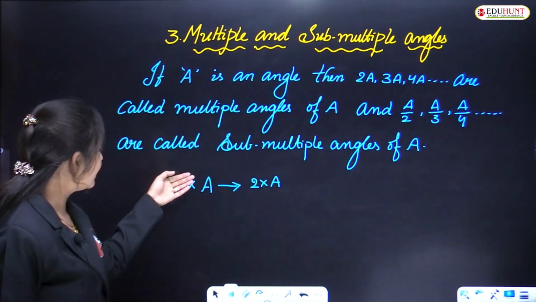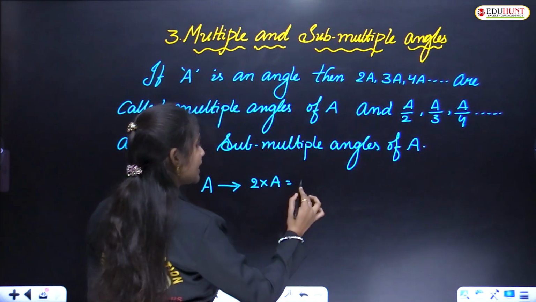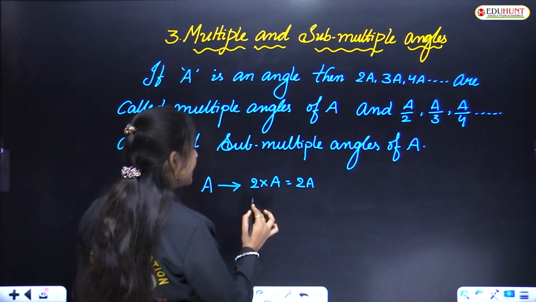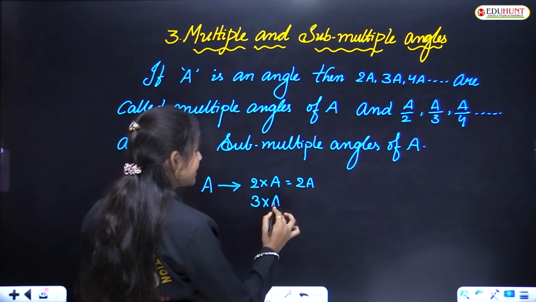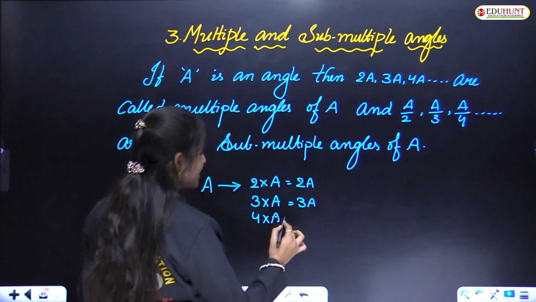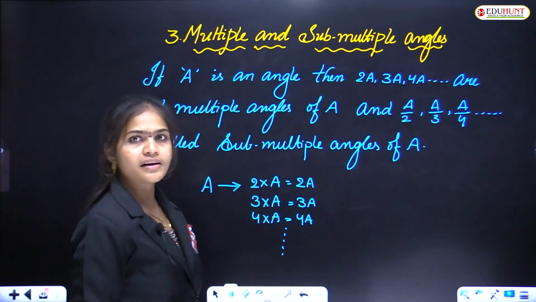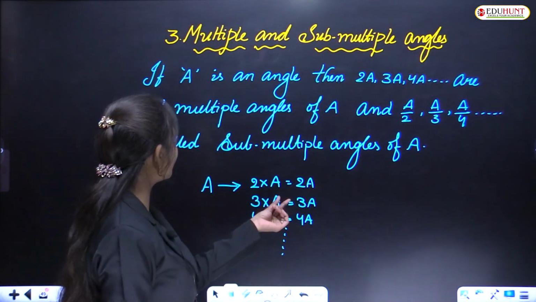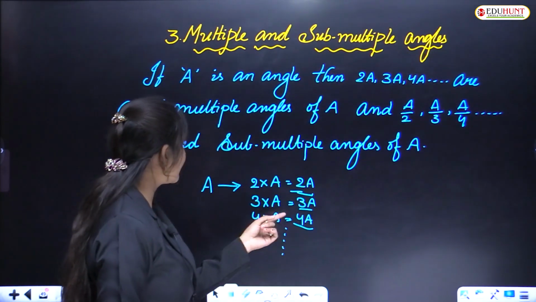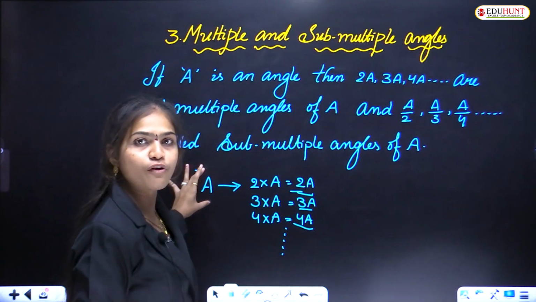So if you multiply that A by 2, you will get 2A. If you multiply with 3, you will get 3A. If you multiply with 4, you will get 4A and so on. So this comes under multiplication, no? That's why 2A, 3A, 4A and so on are multiple angles of A.